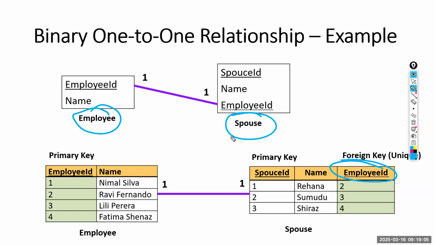But if it is between two strong entities, you can add it to whichever entity you want. But again, with experience, you can decide whether to take it to the first entity or the second entity. That is how you decide to which entity you add the foreign key. If it is between a strong entity and a weak entity, you add it to the weak entity. Okay, got it?